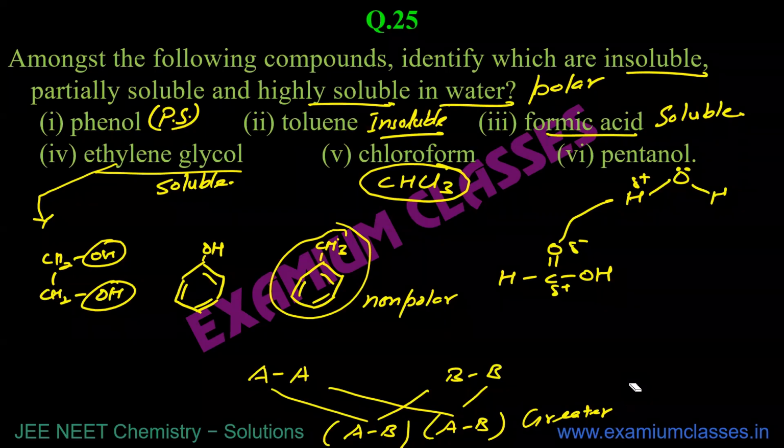Any substance is soluble, or partially soluble, if the interactions between A and B are greater than AA and BB, then we say yes, it is soluble. If they are almost equal, we will say partially. But what happens in case of CHCl3?